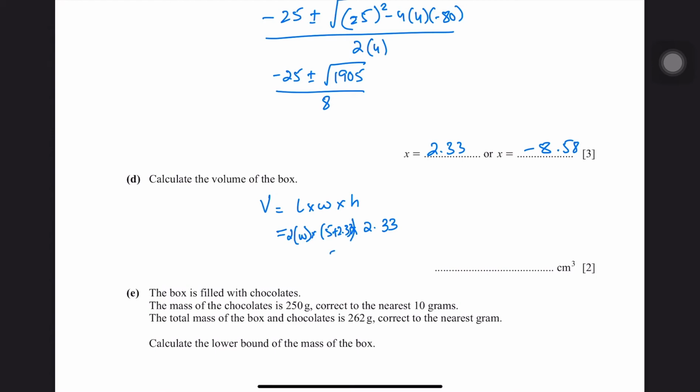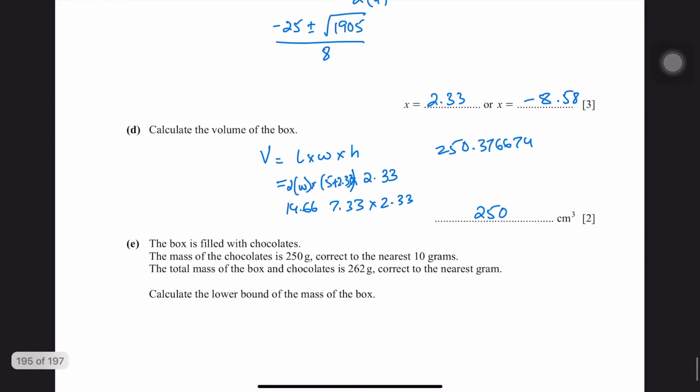So that's 7.33, 2.33, 14.66. The volume is 250.376674, which is rounded off to 250.